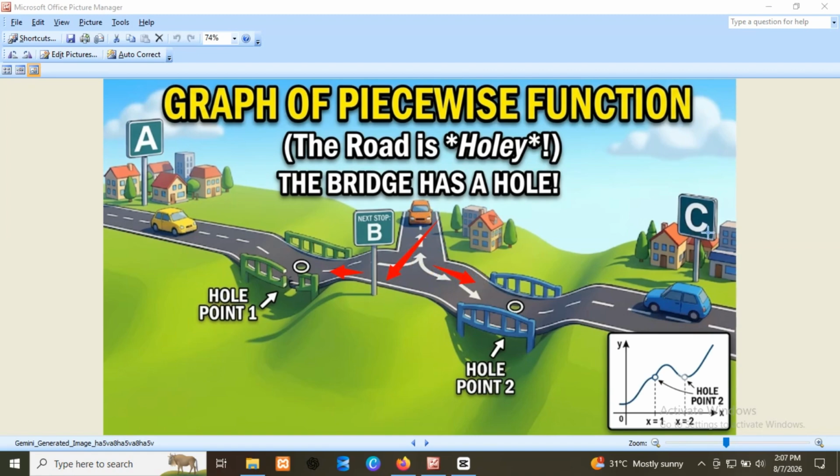The same is true from town C: the car moves in this direction until this point.